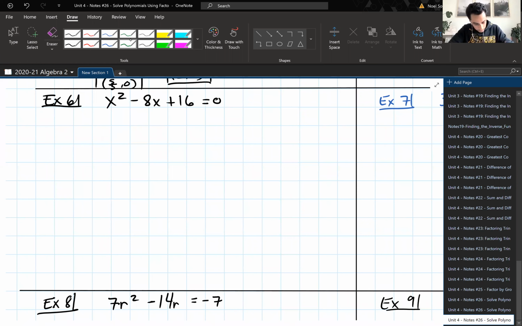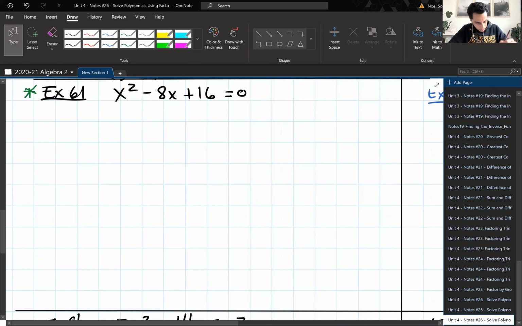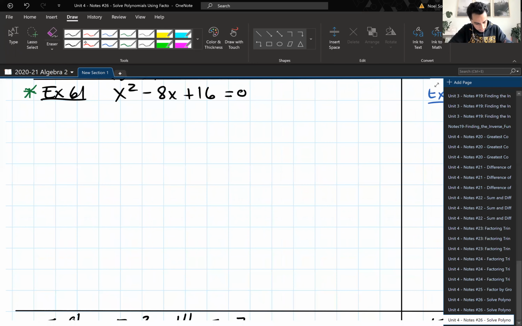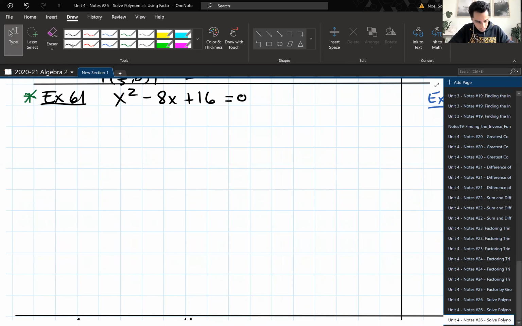Number 6, I'm going to put a star next to it. This one is a double. It's a special case. Okay, you'll see why. All right, so quick checklist.